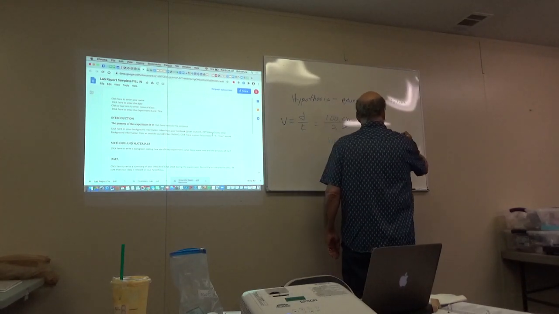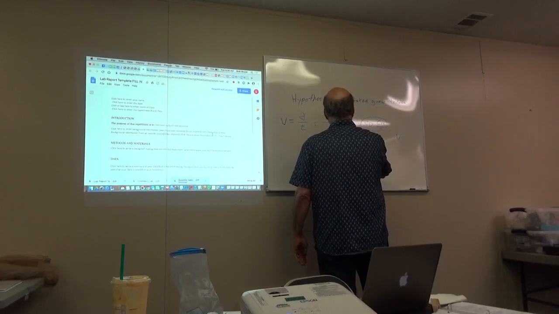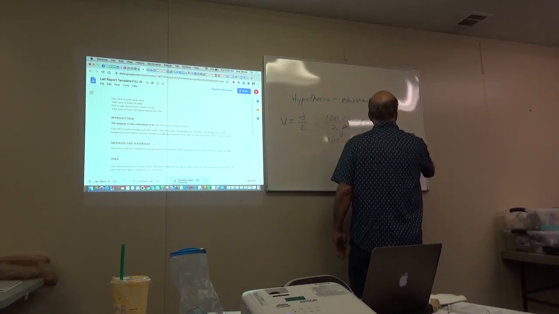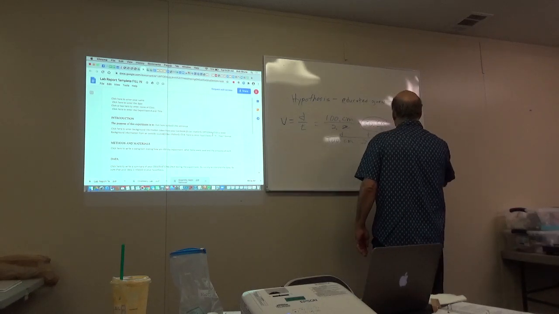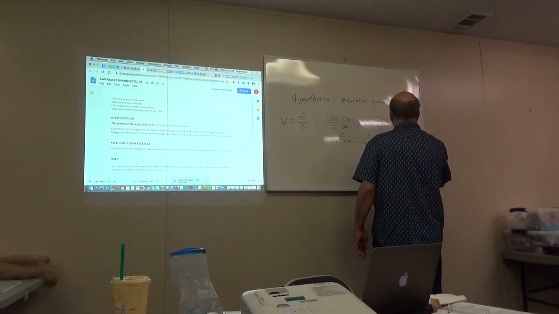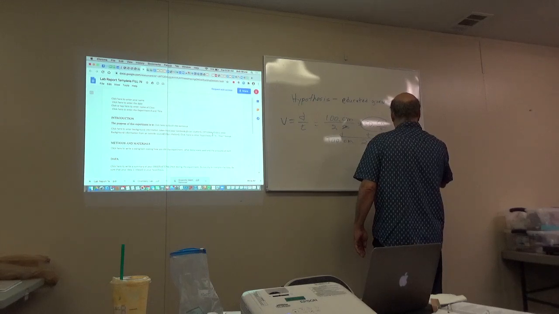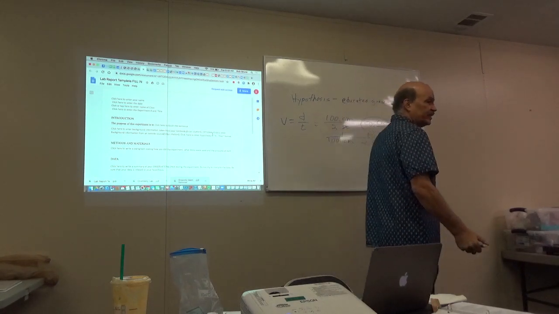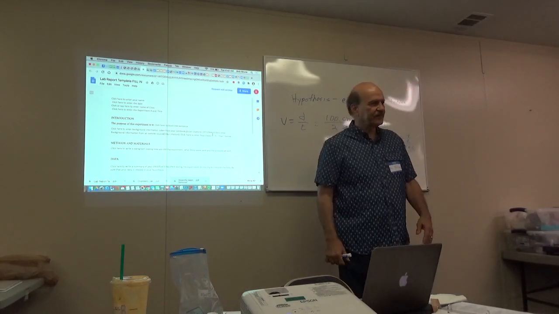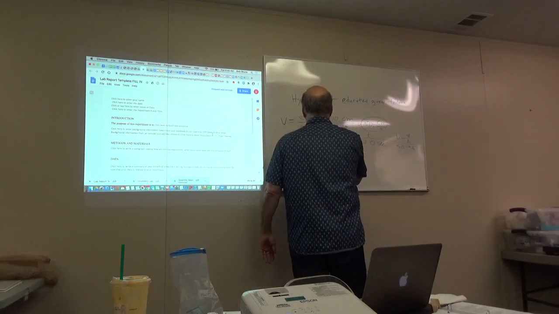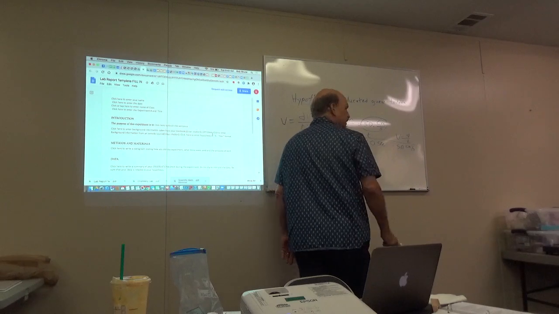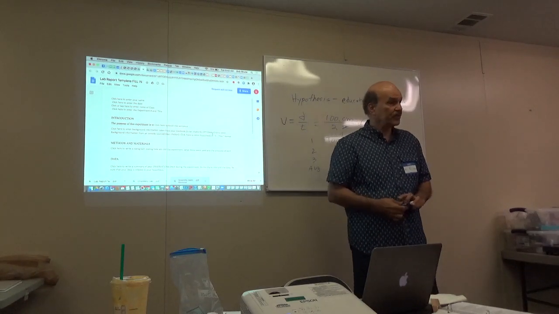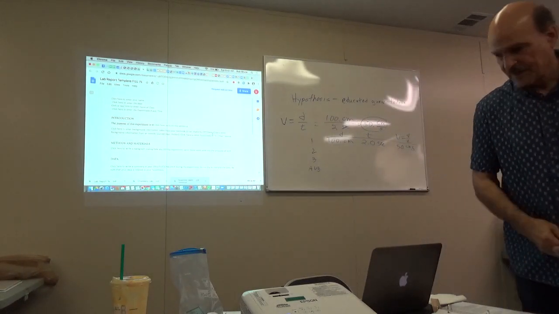And then the velocity over here: velocity equals distance divided by time. And over here you'll have 50 centimeters per second. That's all you need in that. And the first column over here, you can have trial 1, trial 2, trial 3, and you can average them. So that's what we're going to be doing in the lab today.